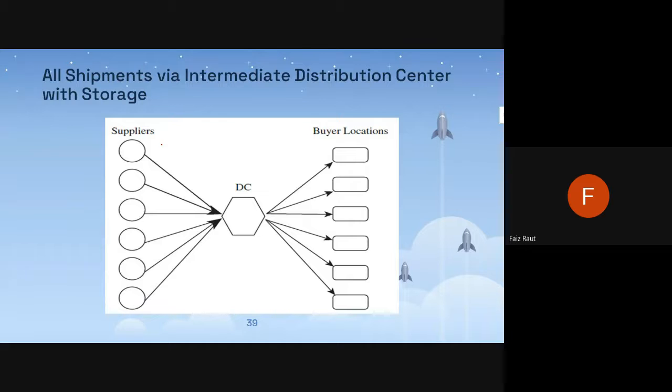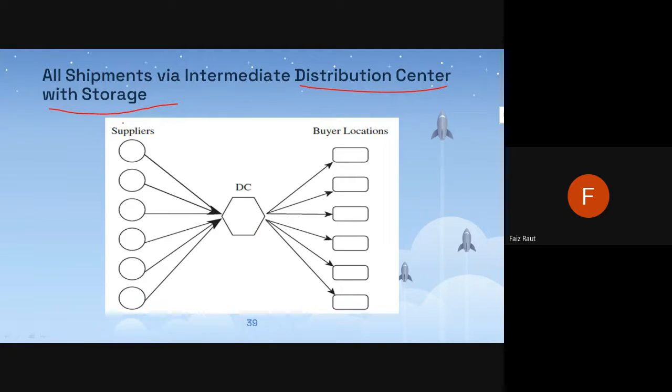Then this one is all shipment via distribution network with storage. While we were discussing Amazon, we discussed that there will be many suppliers, some products from Hindustan Unilever, some from Marico, some from Dabur, some from Cadbury, some from Mondelez, if it is packed goods, some from Saffola companies, then some products for vegetables.